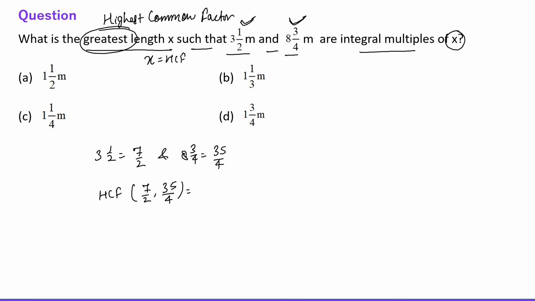For finding HCF of fractions, we just have to calculate the HCF of the numerators, HCF of 7 and 35, and the LCM of the denominators, so LCM of 2 and 4. So this will become 7 by 4 because the HCF of 7 and 35 is 7 and the LCM of 2 and 4 is 4. So this will be 1 3 by 4. This is option number D.